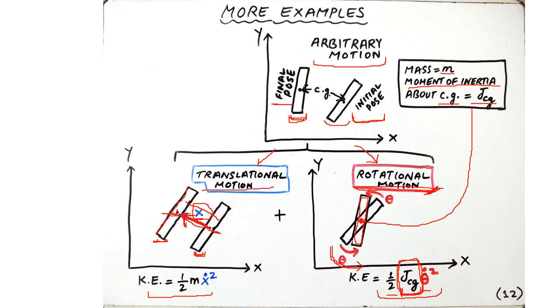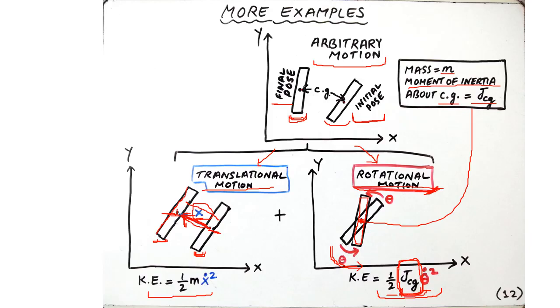Even though in our problem the pendulum bar is actually rotating about the pivot, which does not coincide with its center of gravity, we can still decompose its motion into translational motion and rotational motion, in which the rotation occurs about the center of gravity.